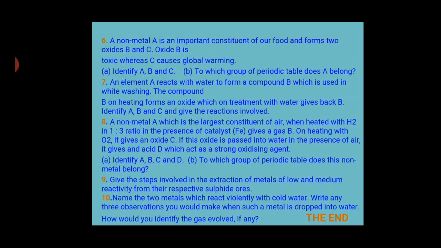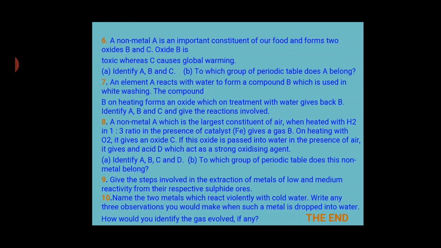A non-metal A is an important constituent of our food and forms 2 oxides B and C. Oxide B is toxic whereas C causes global warming.